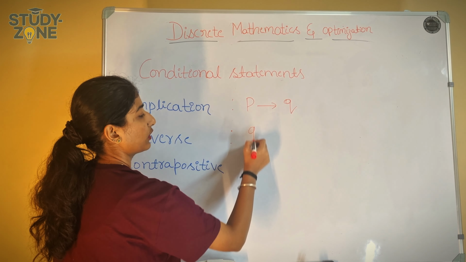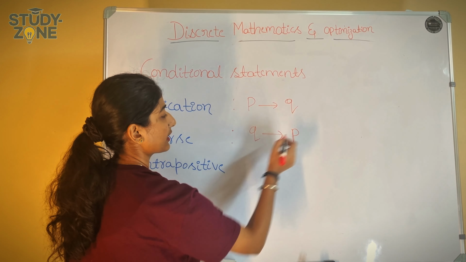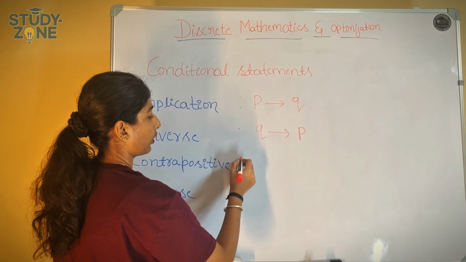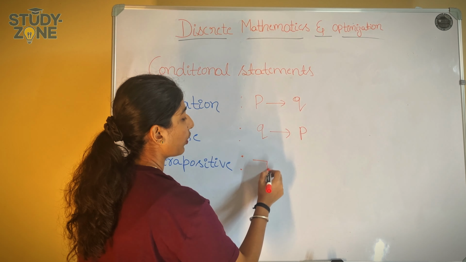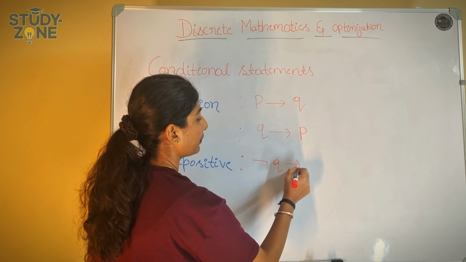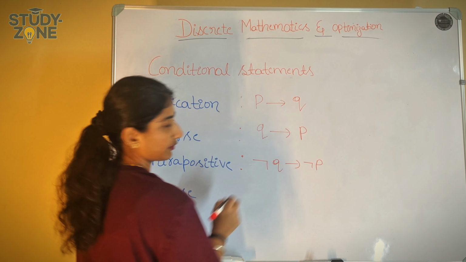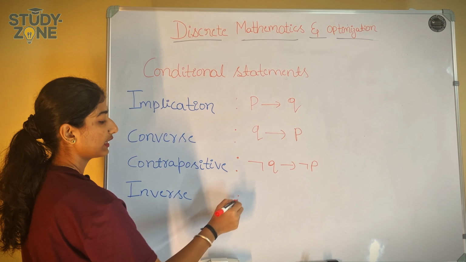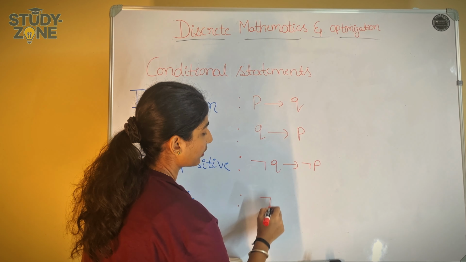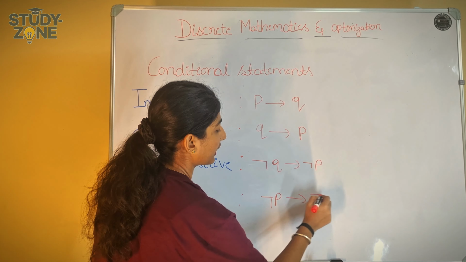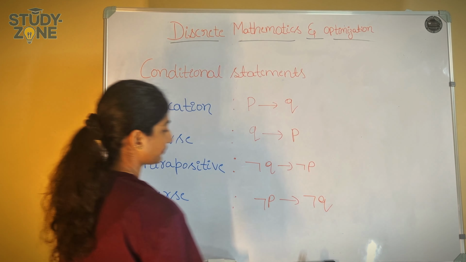That is Q implies P. And then the contrapositive is not Q implies not P. And then inverse, that is not P implies not Q.